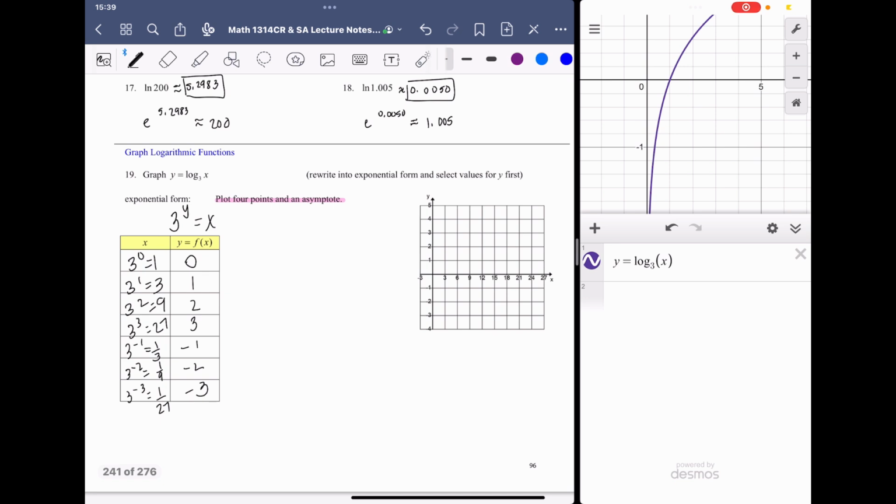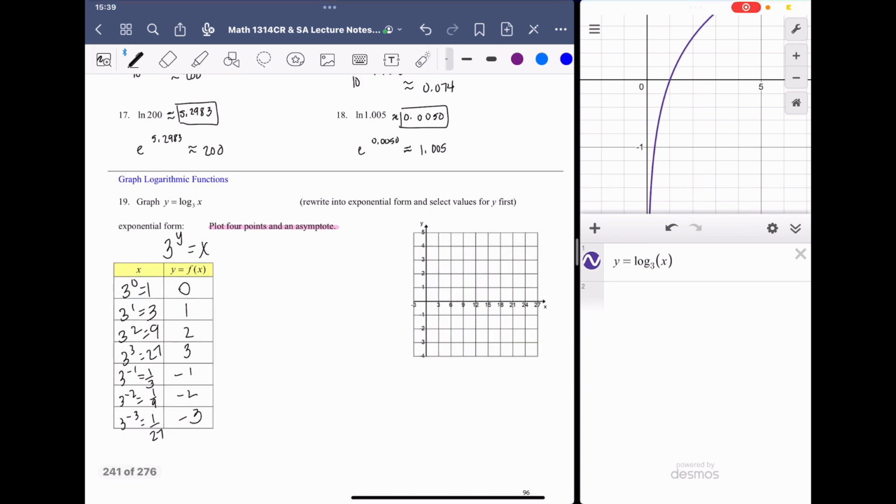So it's 1, 0, 3, 1, 9, 2, and then the other one was 27, 3.